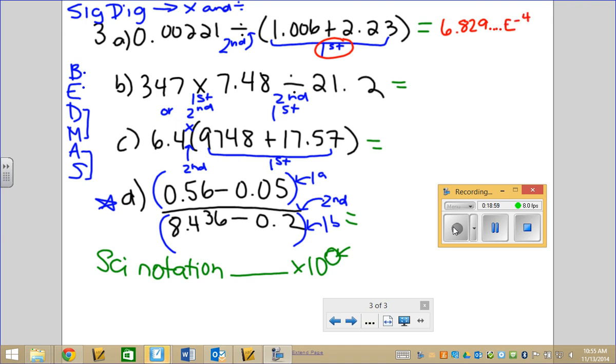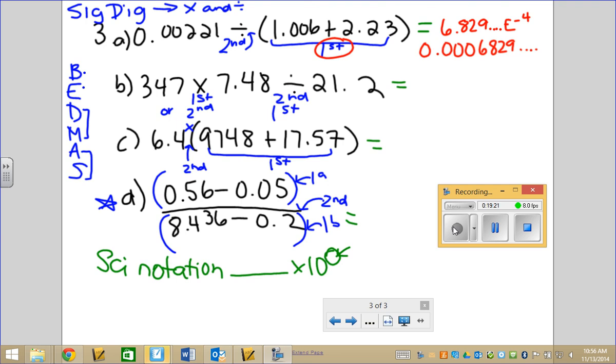On some of the other calculators that aren't quite as much like a computer, you probably got 0.0006829, etc. Those two numbers are the same. They represent the same thing, but one of them is in scientific notation and one of them is not.